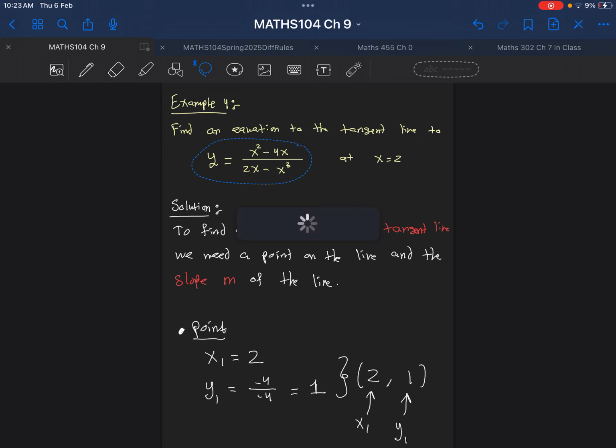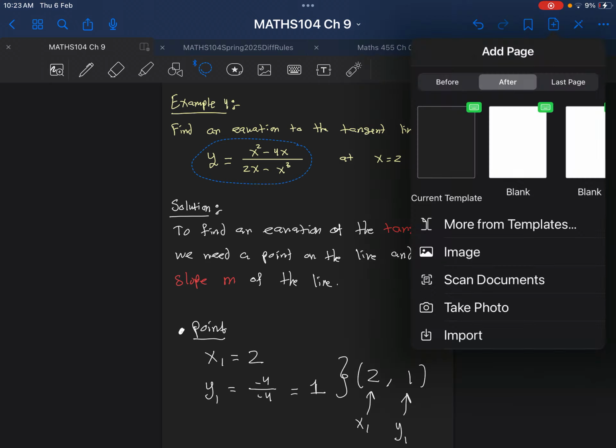Next, I'll just copy this one, I need it now, and go to the next page. What we will find next is the slope of the tangent line. And remember, the slope of the tangent line is the derivative.